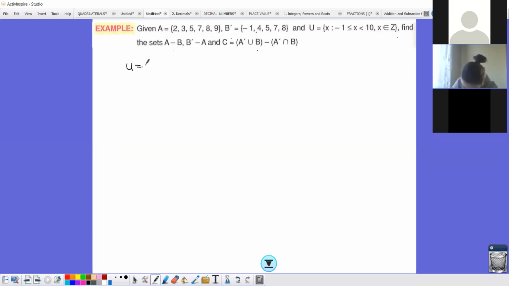What will be the elements of the universal set? -1, 0, 1, 2, 3, 4, 5, 6, 7, 8, 9. So we'll start from -1 till 9. 10 is not included. Now, let me write here the sets one more time that is given.